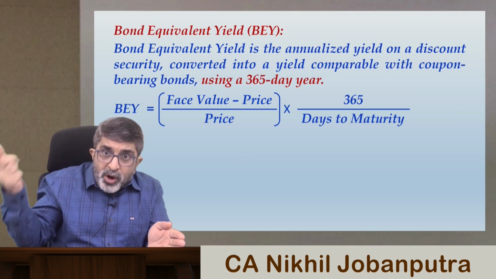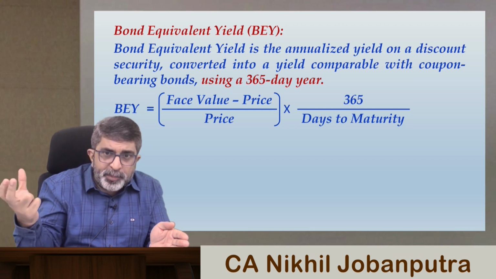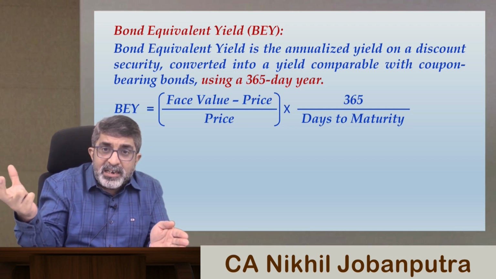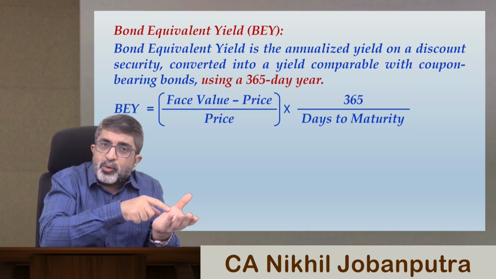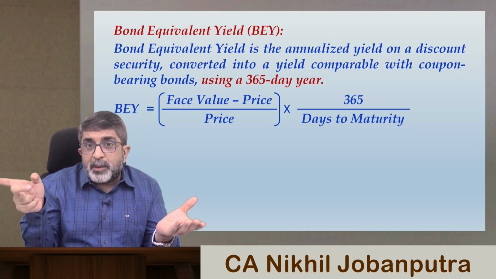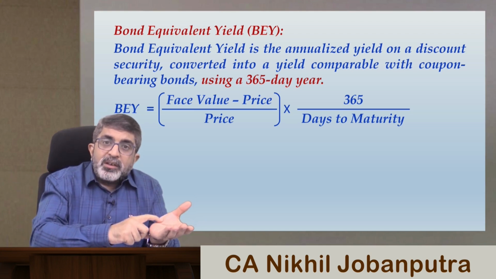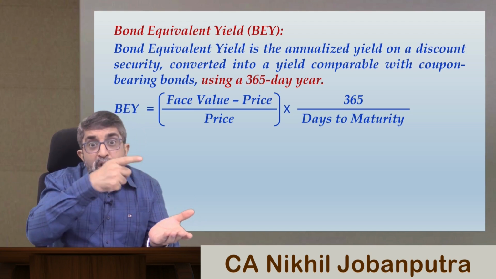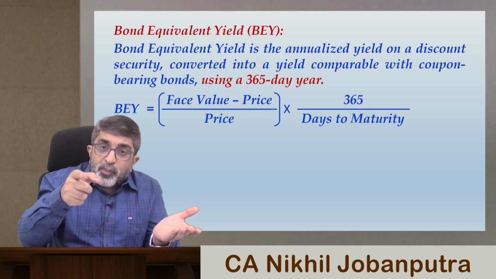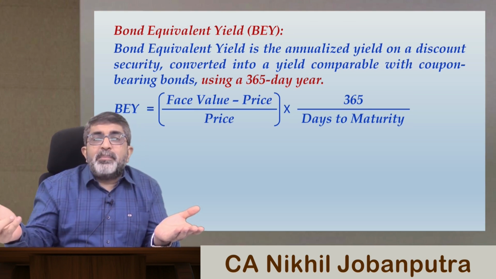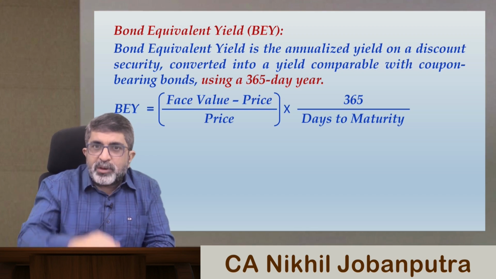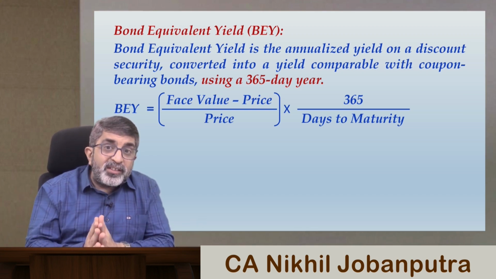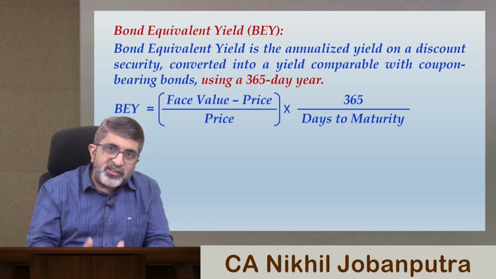So the bond's actual yield for a shorter period will be the current yield. On the other side, for that money market instrument where discount yield was quoted, which you cannot directly compare with a bond yield, you convert a discount yield into bond equivalent yield, and the bond equivalent yield can then be compared with other types of yields of other instruments which are actually bonds, and then you can decide which instrument you should invest into.